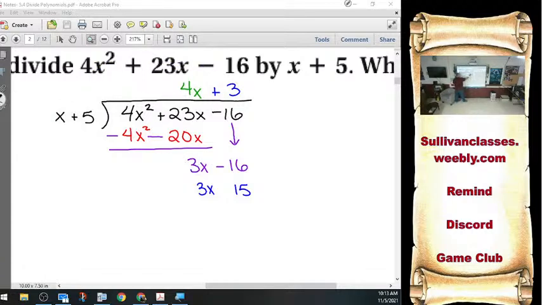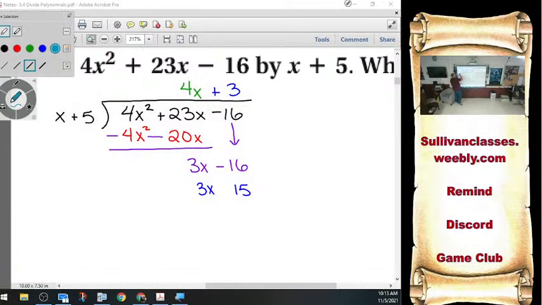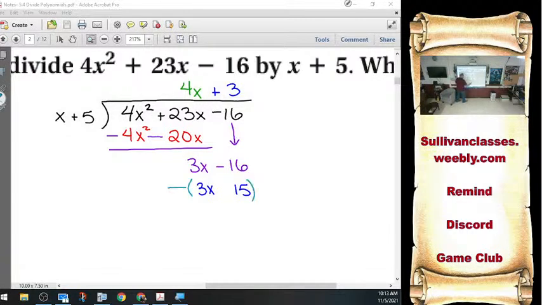I took 3 times this stuff to get that stuff. If I'm about to subtract this thing, I can either just say subtract this thing, exactly like I have it written here, but experience has told me kids will get to that point and they will forget this, like 1 time out of 8. That's why I always say just change the signs. If I subtract this whole thing, I change the signs.